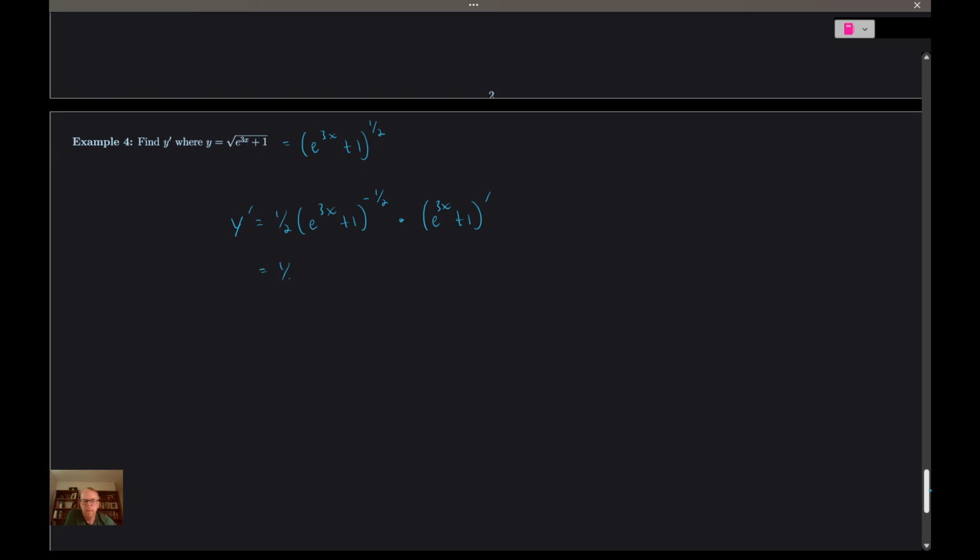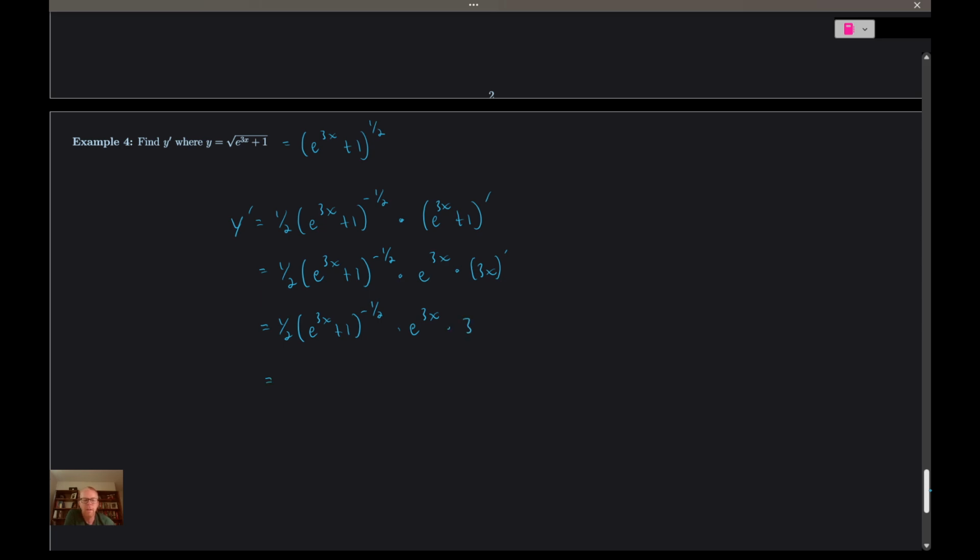So we have 1/2 e to the 3x plus 1 to the negative 1/2 times e to the 3x times the derivative of 3x. And now we're using the chain rule again. So we're using the chain rule twice here. So we get 1/2 e to the 3x plus 1 to the negative 1/2 times e to the 3x times the derivative of 3x, which is 3.